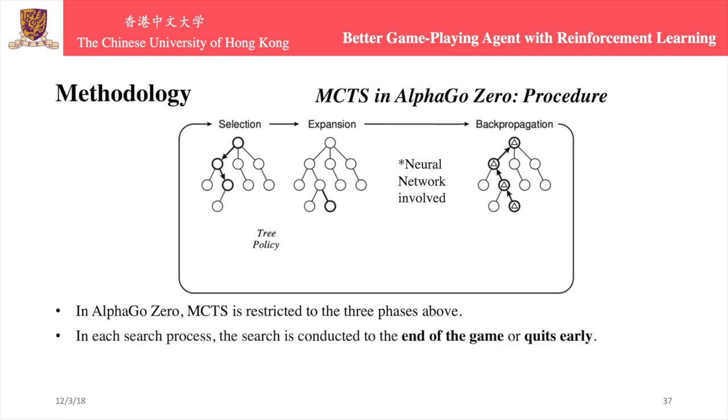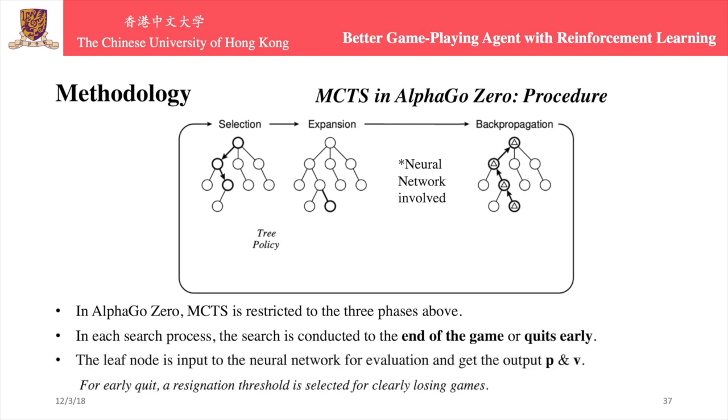In each search process, the search is conducted to the end of the game, or it may quit earlier. If it is conducted to the end of the game, the leaf node is input to the neural network for evaluation and we get two outputs, a vector p and a value v.